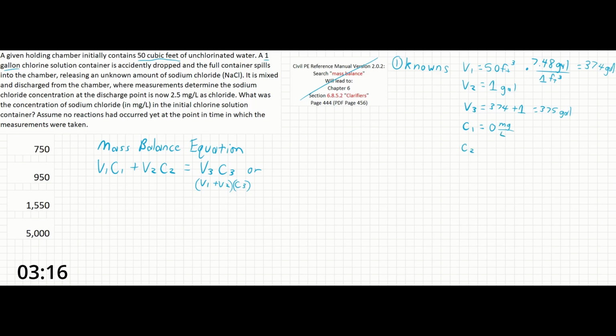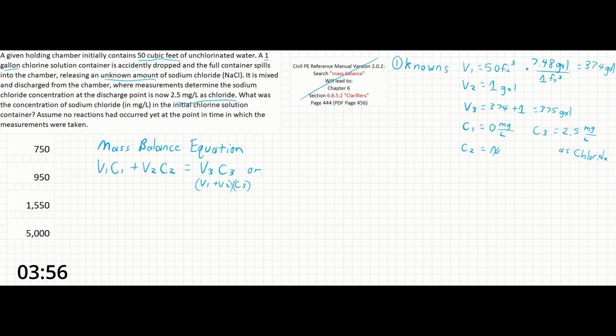The second concentration is an unknown amount, so we're going to call that X. And C3 is going to be the chloride concentration at the discharge point of 2.5 milligrams per liter as chloride. We will talk about that later in the second part of the problem. But right now, let's plug in our knowns into the mass balance equation.